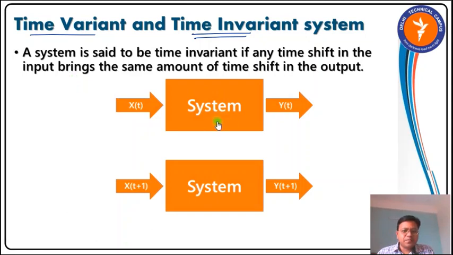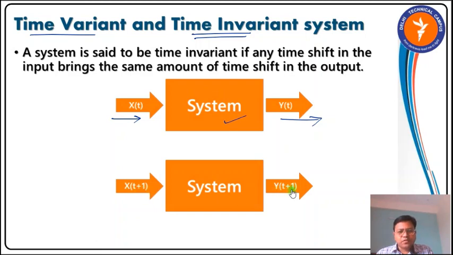Say we have this system. And when we input x of t signal into it, it is producing an output signal of y of t. Now if I advance the input signal, see here I have advanced the input signal by a factor of 1, then the system must produce an output which is also advanced by the same amount as the input has been advanced by plus 1.